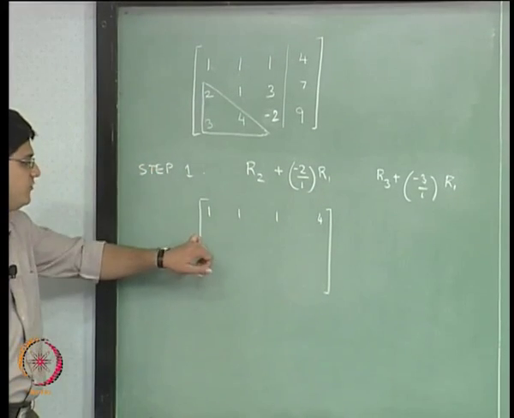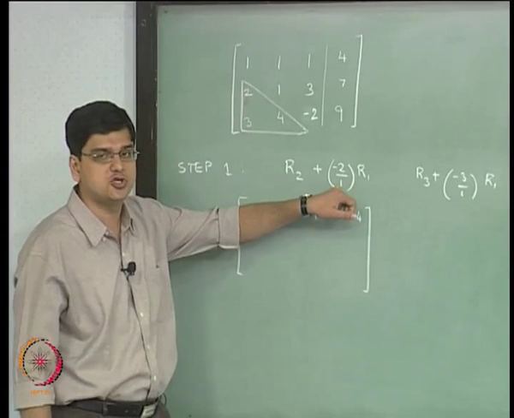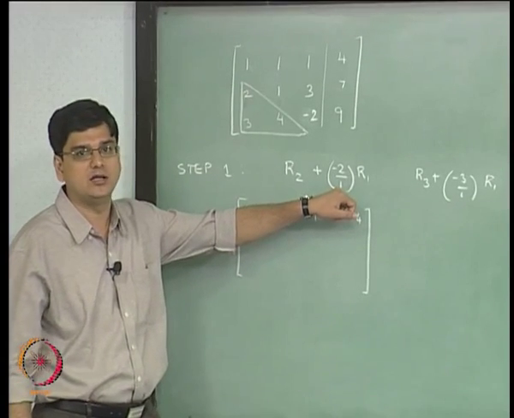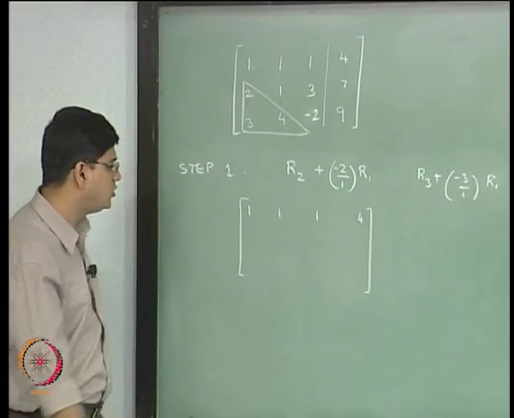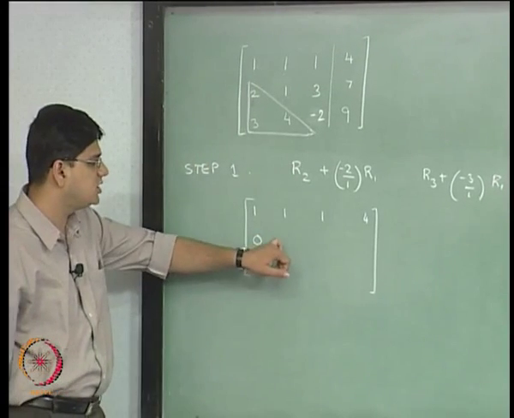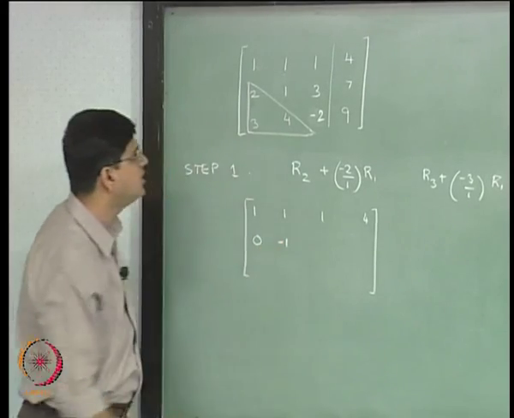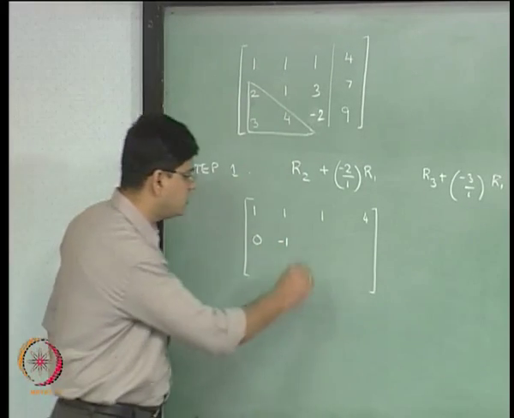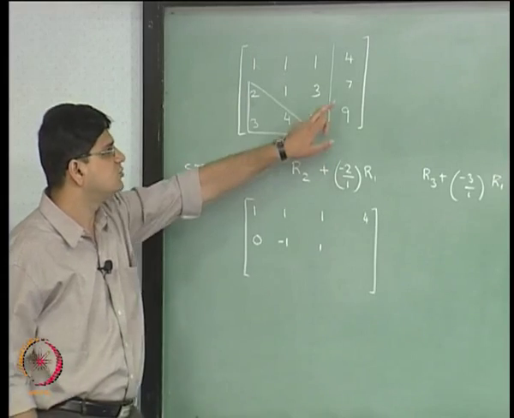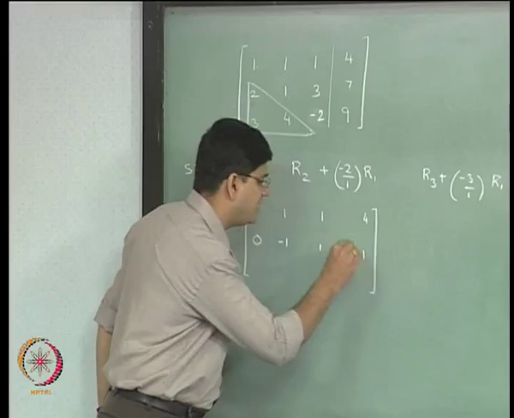In the second row we definitely know that this term is going to be 0, through the choice of our alpha 21. So we do not need to do any computation there, we just get 0 at this location. This is going to be 1 minus 2 which is minus 1, this is going to be 3 minus 2 which is 1, and this is going to be 7 minus 8 which is minus 1.